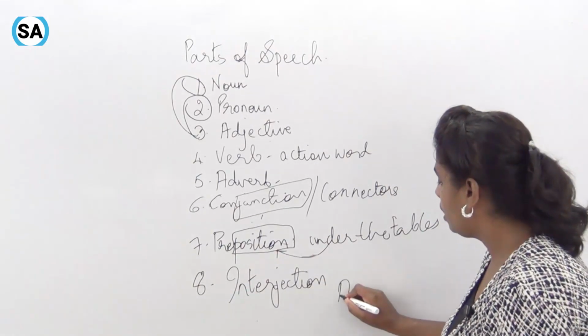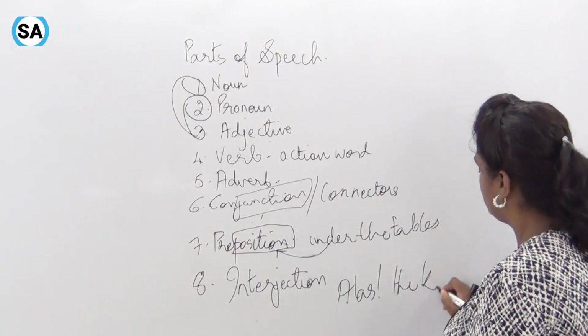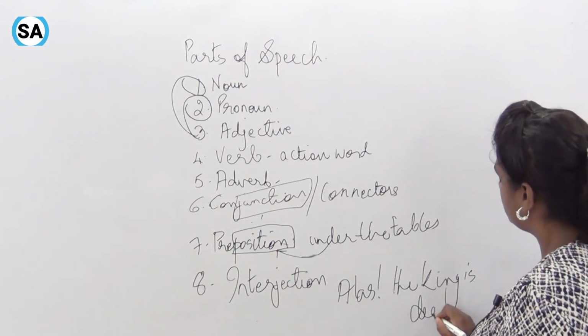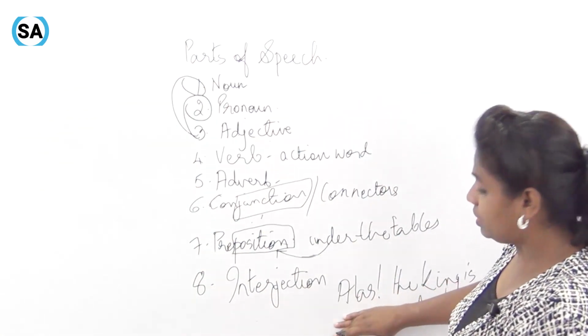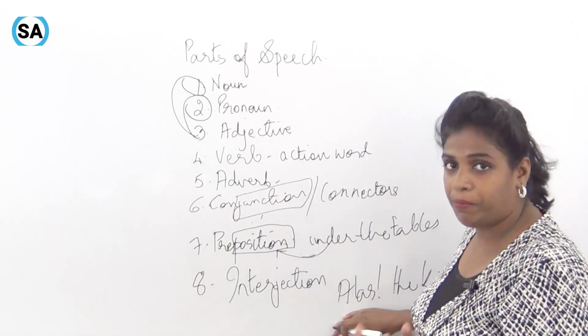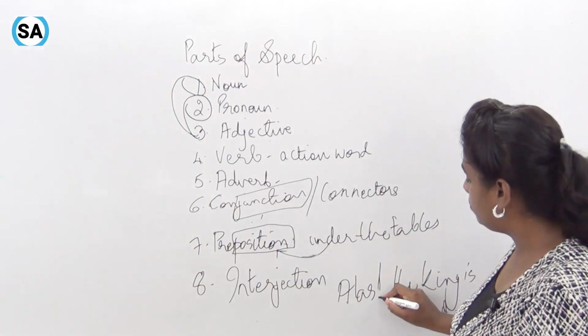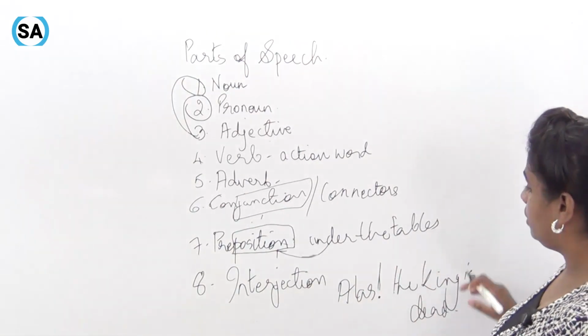So we will say, alas, the king is dead. When we are talking about a sudden expression that is given out, we put an exclamation mark over here. So we say, alas! The king is dead.